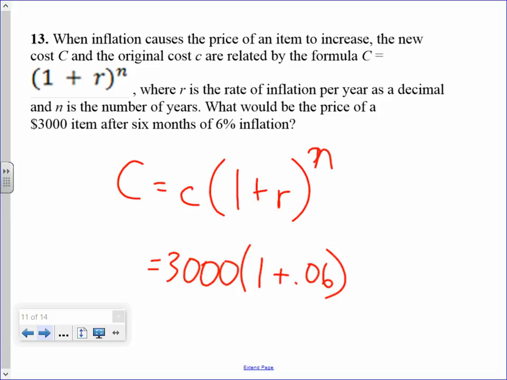And then here's a little bit of the tricky part that some of you that aren't on the ball will miss. n is the number of years. What should we put as n? Half. 6 months. 0.5. Okay, plug that in the calculator. Up arrow 0.5. And you'll get a value, 3,088 or something like that.